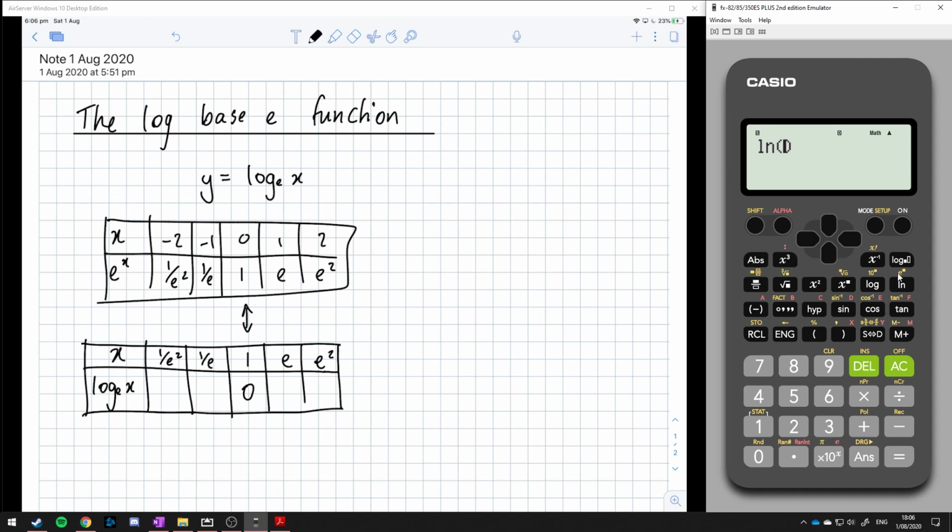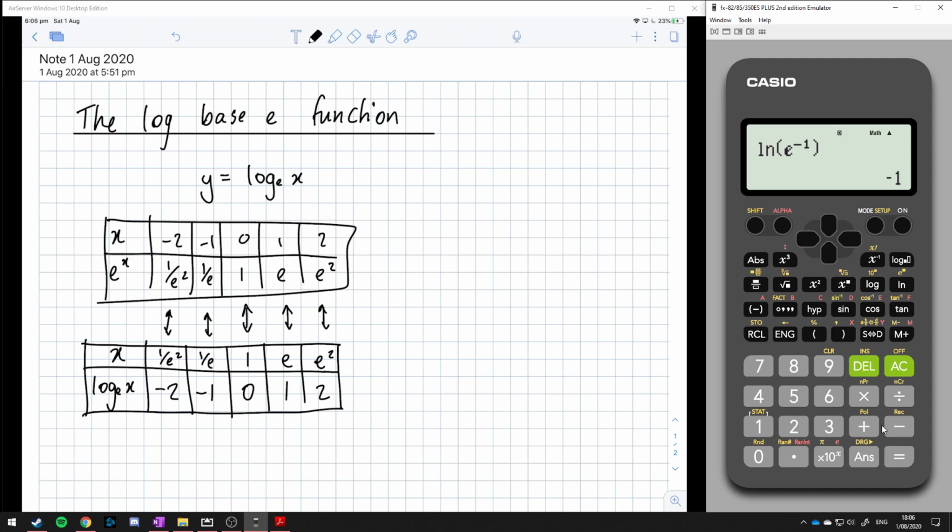Log of e to the power of 1 is equal to 1, the opposite of this one. Log e squared is equal to 2, again the opposite. Instead of doing 1 over, I'm just going to put the negatives in there. So minus 2 is the opposite of this one, and minus 1 is the opposite of that one.